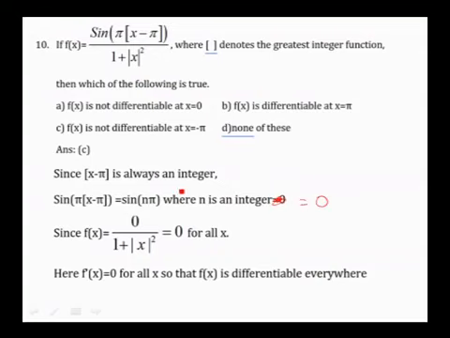And this is equal to 0. Sin of any integral multiple of π, for example sin π, sin 2π, sin 3π, sin 4π, all of them are 0. So for any integral multiple of π, sin nπ is always 0. So this sin nπ is 0. Since f(x) is 0 over 1 plus |x|², that is equal to 0 for all x.